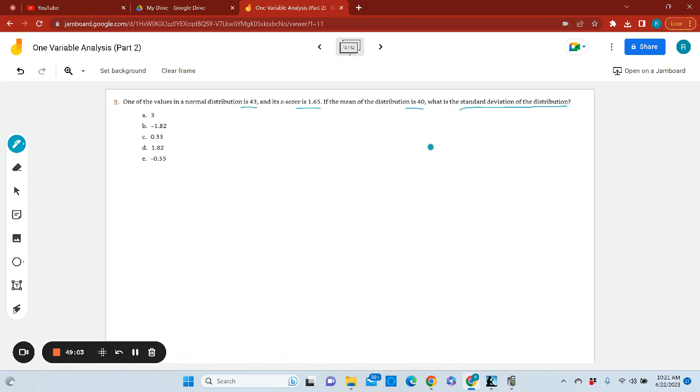So this is a little twist, right, on the z-score formula. So remember, the z-score formula is some score minus the mean divided by the standard deviation, right? So I'll use the sample standard deviation symbol here. If you're just thinking about some regular algebra here, there are 1, 2, 3, 4 variables.